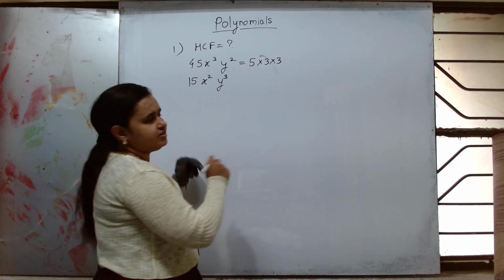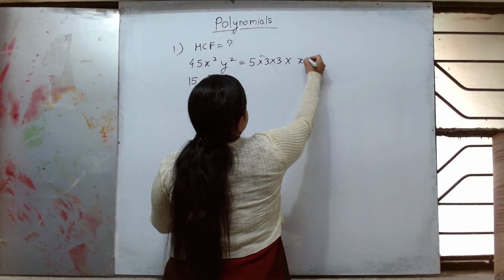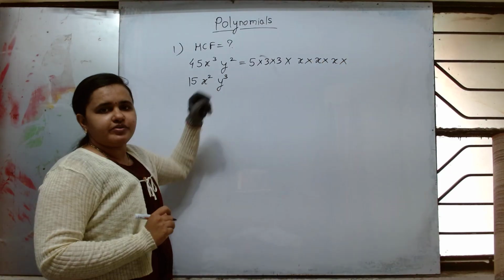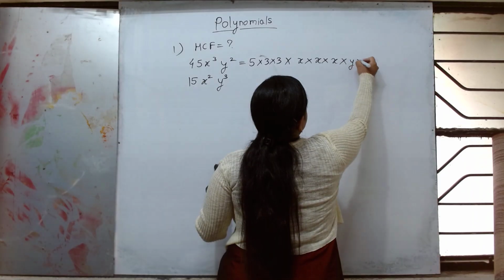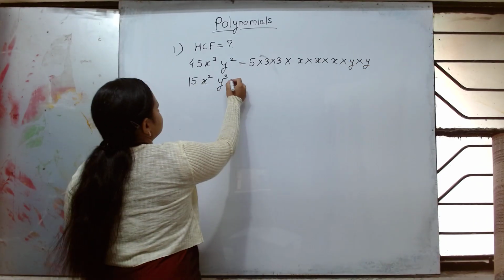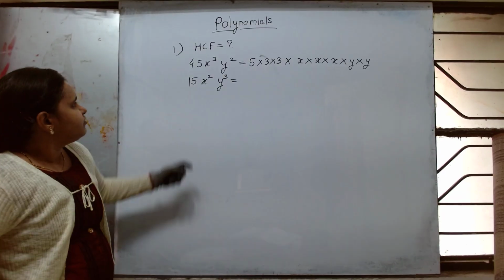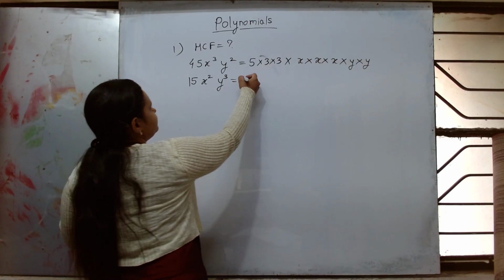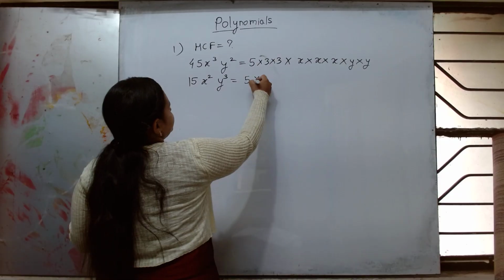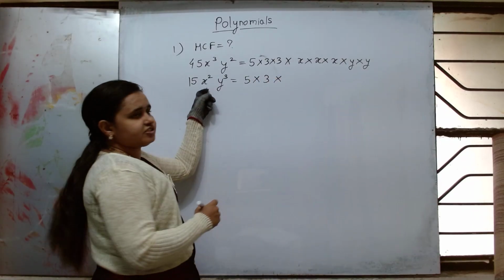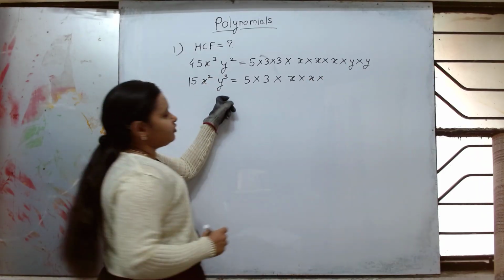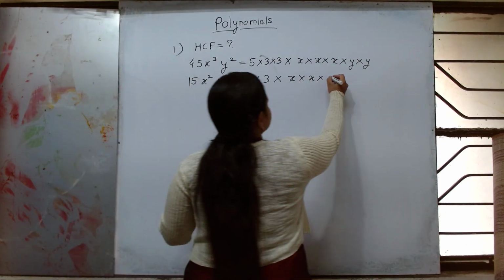And x cube means 3 times x, and y square means 2 times y. Like that, we have to find the factors of 15. Factors of 15 are 3 into 5. We will write 5 into 3. And x square means 2 times x, and y cube means 3 times y.